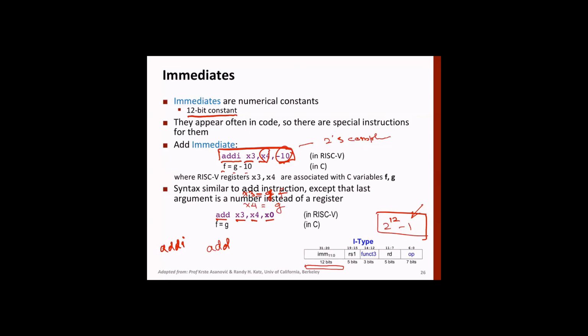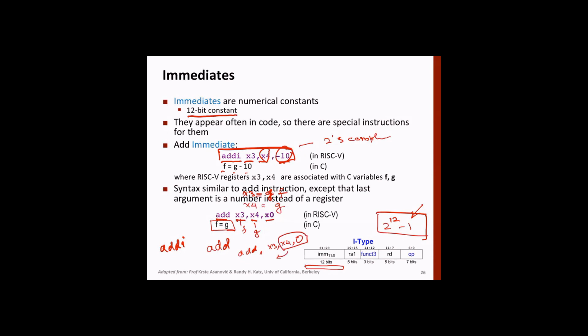Now, suppose we have to do a simple assignment, which is f is equal to g. In C, if you say variable f is equal to value g, then f is here in x3, g is here in x4, and so you can use the instruction add x3, x4, and x0. So x4 plus 0 is x4, so x4 is assigned to x3.